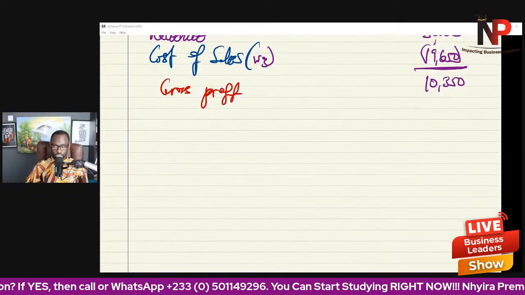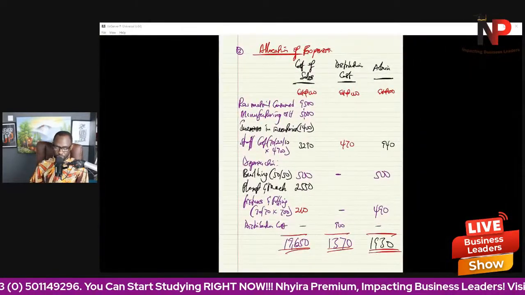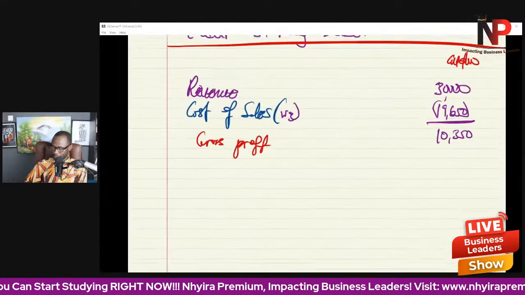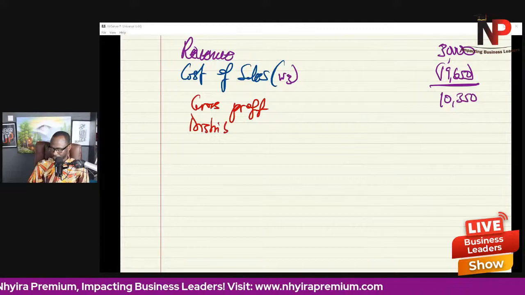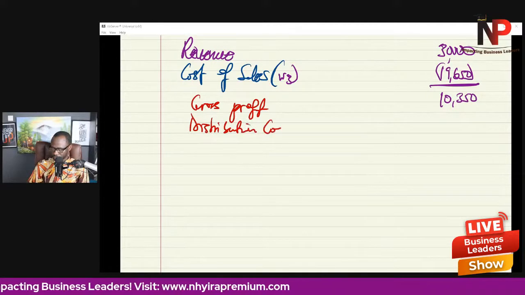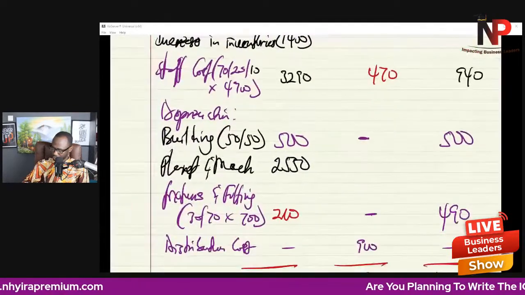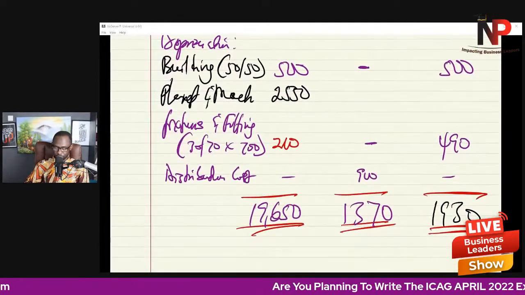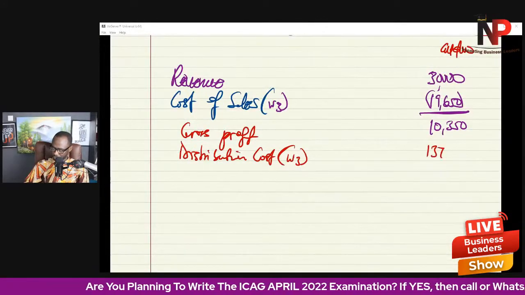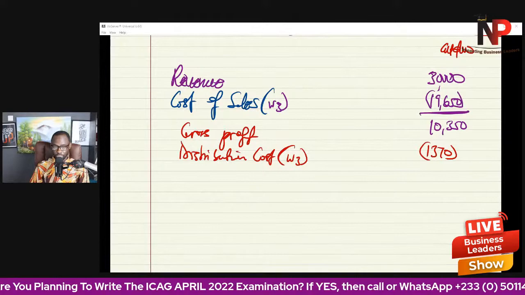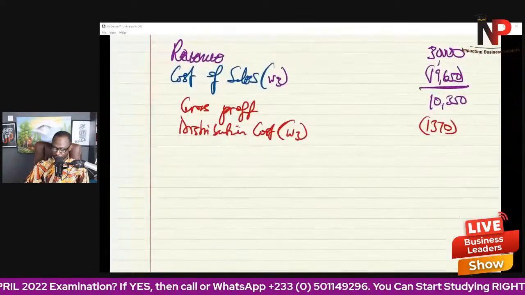Then we're going to be lessing the expenses we have. You can see here we have distribution cost and admin cost. So we're going to bring that up. That's from workings 3. Distribution cost is 1370. Now that's a subtraction in there. Then we bring in the admin expenses.